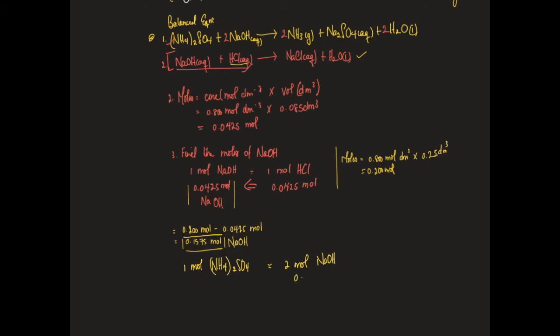Now we know that the moles of sodium hydroxide is 0.1575 mole. So in order to get the moles of ammonium sulfate, we have to divide this value by 2. When we divide the value by 2, we get 0.0788 mole. So there we have the moles of ammonium sulfate.